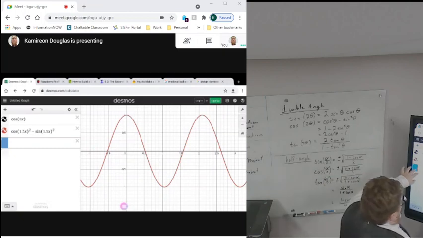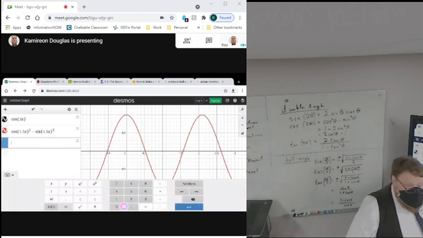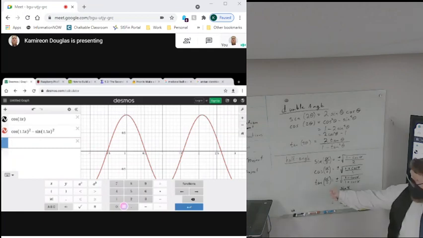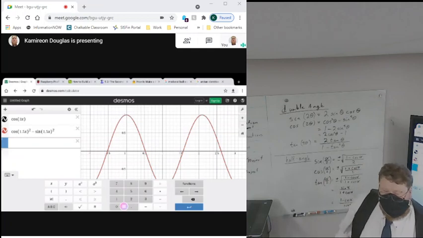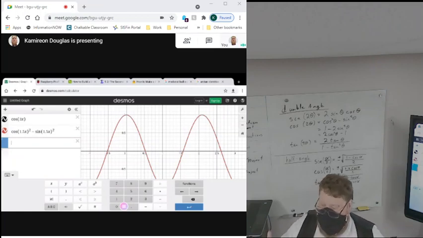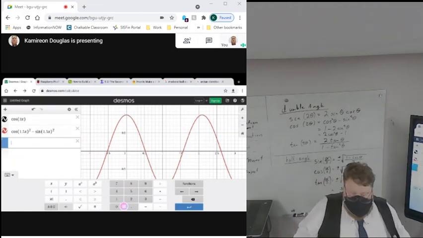So this one will match perfectly on the tops. On the bottoms, though, it'll need a negative version to flip it. That's why it includes the plus or minus. Okay, so know that if you graph the half angle ones, they will rarely match perfectly because of that square root. Remember, square roots do not give negative values, only imaginary numbers. That's why we have the plus and minus.